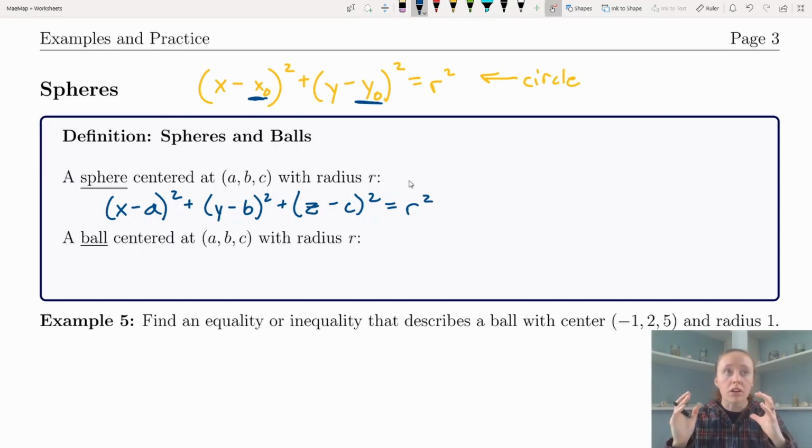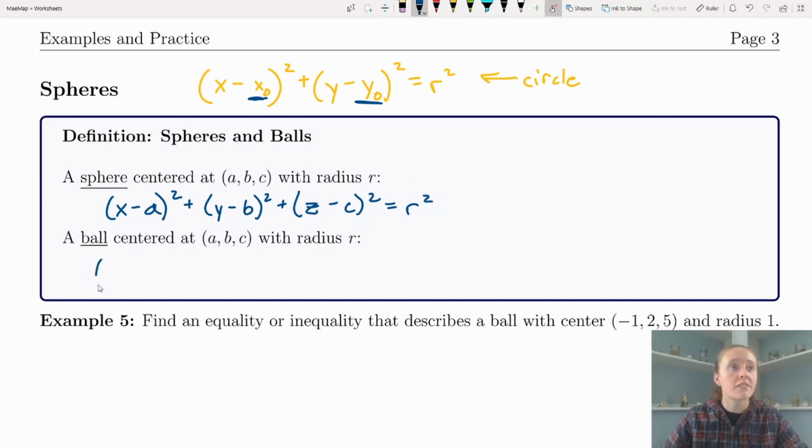Now a ball, technically in 3 dimensions, is that sphere and including everything enclosed within it. So I think of a ball as a solid sphere, whereas a sphere itself is just that shell. That ball is that sphere and everything contained within.